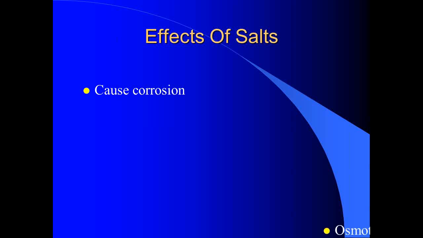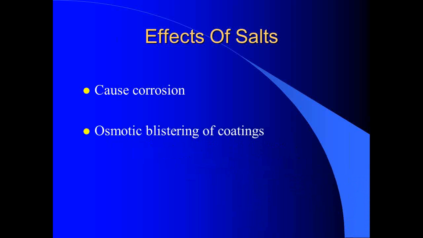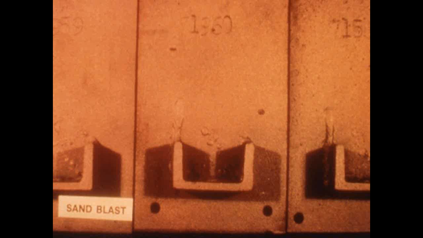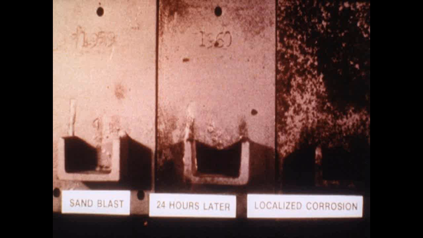Effects of salts. They cause corrosion. They cause osmotic blistering of coatings. They interfere with the adhesion of coatings. There's some steel plates. They were abrasive blasted pretty much to white metal. They were left 24 hours just at ambient humidity.